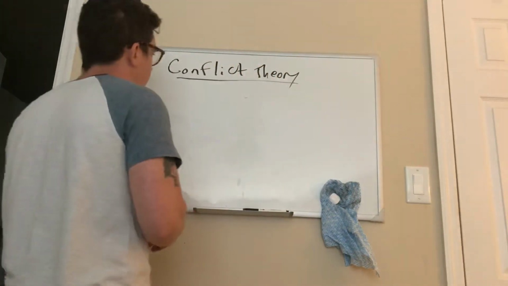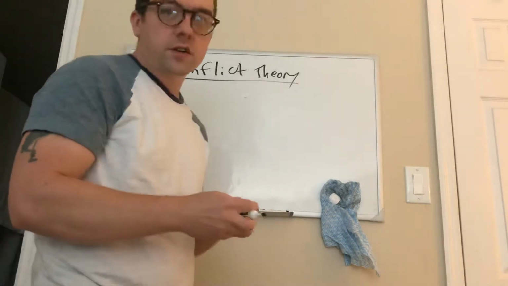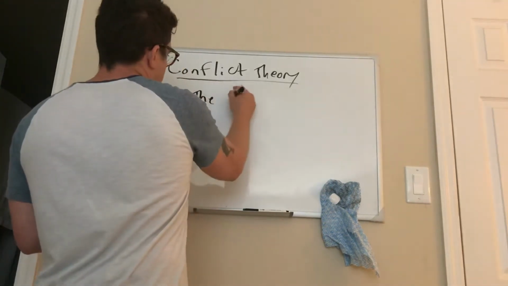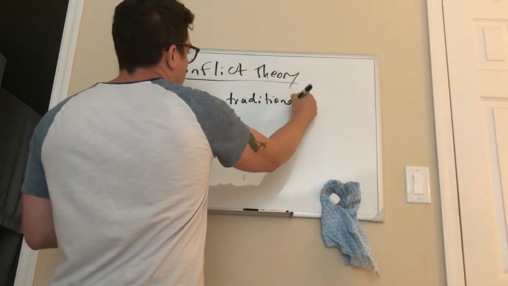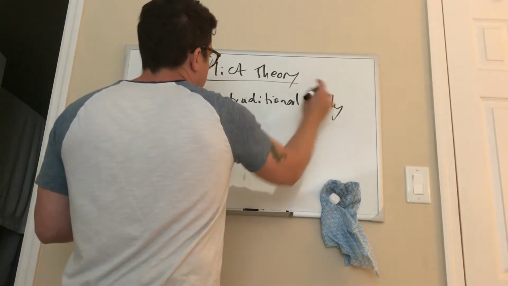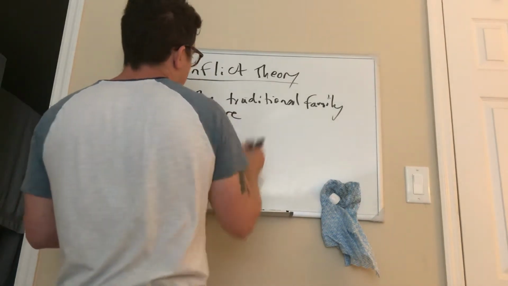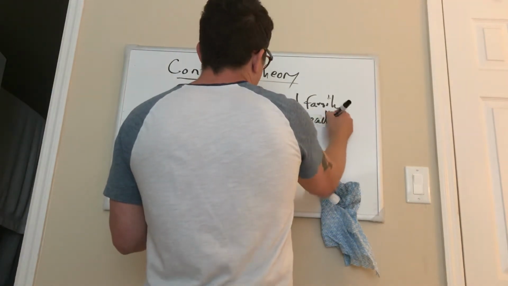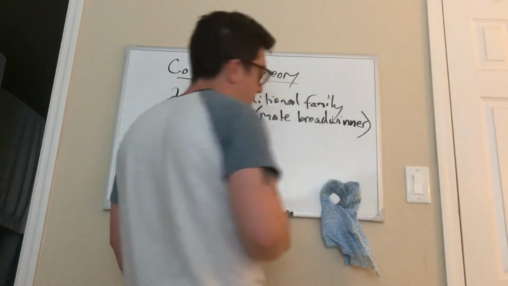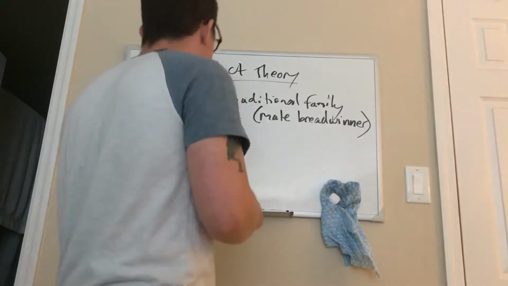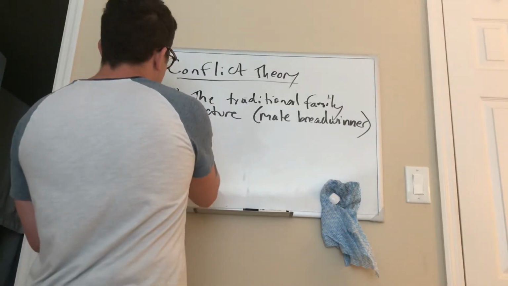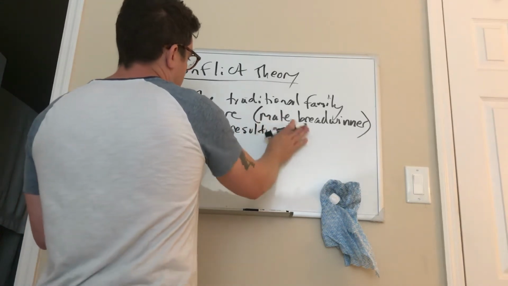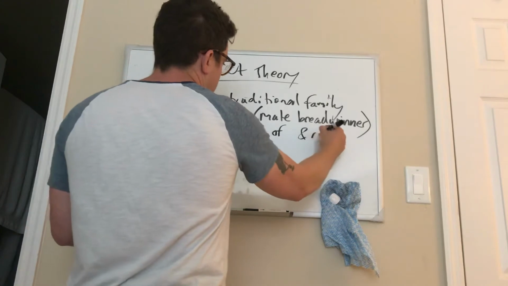There's also inequality within families, right? So within the traditional family structure, we see inequality, especially gender inequality. The traditional family structure, and by that I mean typically male breadwinners, so the old school 1950s male breadwinner, female homemaker family structure, was the result of and reproduced gender inequality.